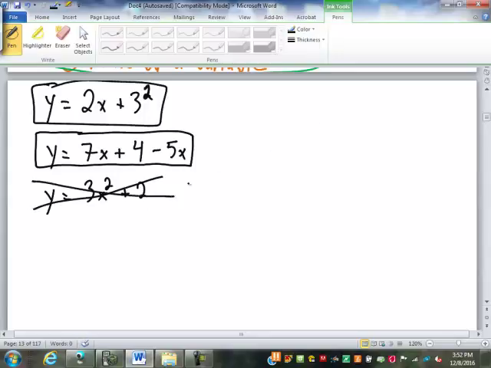That is not a line. How about this one? There's no exponents. What am I going to have to do with that 3x? I have to multiply it out and it will turn into an exponent. So no, that is not a line.